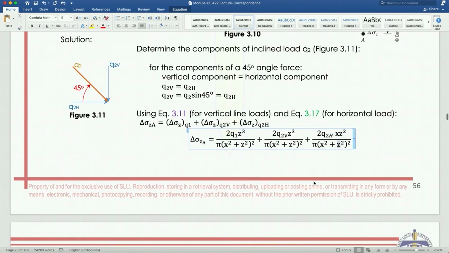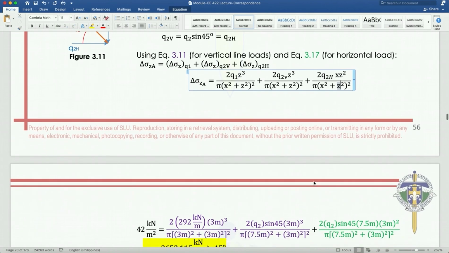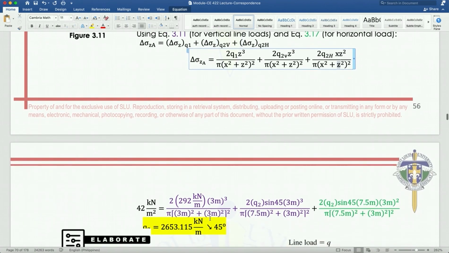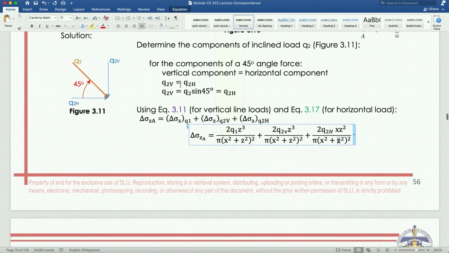If we input it here, we have Q1, Q2 vertical, and Q2 horizontal. Take note that Q2V and Q2H are the same, and that is equivalent to Q2 sine 45.